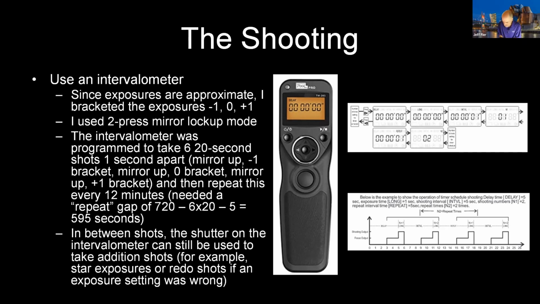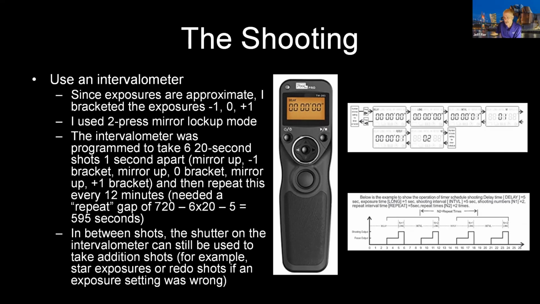And that was kind of interesting because I noted that this intervalometer had this capability when I first got it, because it was something different that previous intervalometers I had seen did not have. And I was kind of wondering, where would you ever use that capability? And this turned out to be the case where I could do it.